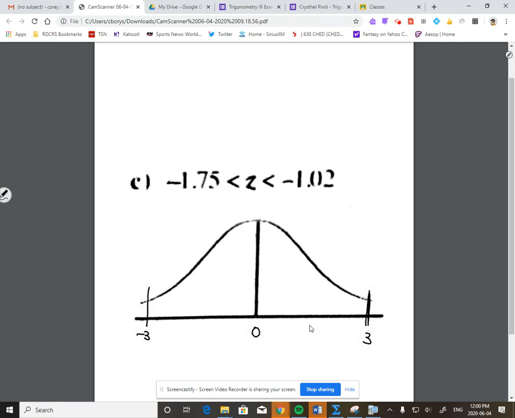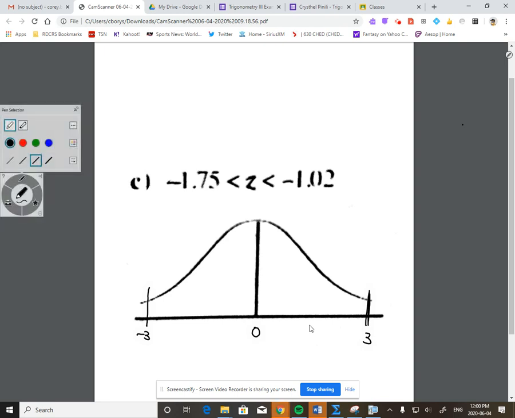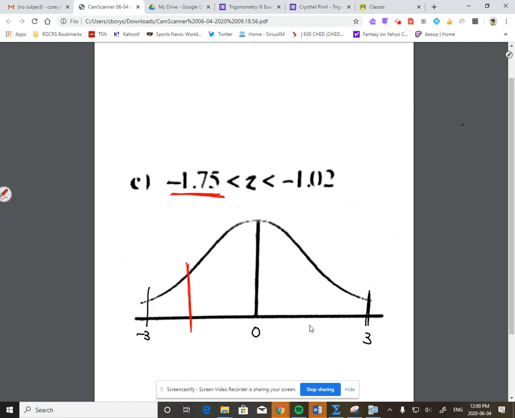Now, unfortunately, I'm not able to change my pen colors. It doesn't look like I can on this thing at present. So negative 1.75 is about here, more or less. Where it exactly is isn't really important, as long as you have a rough guess.